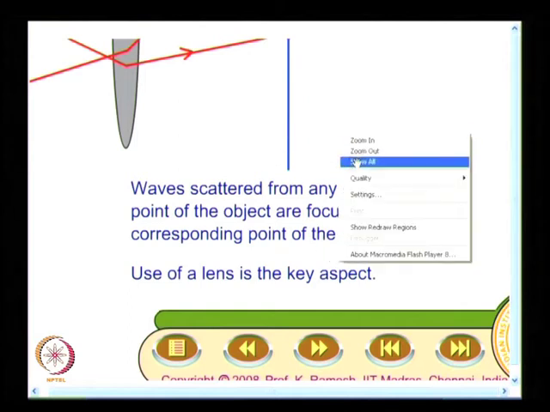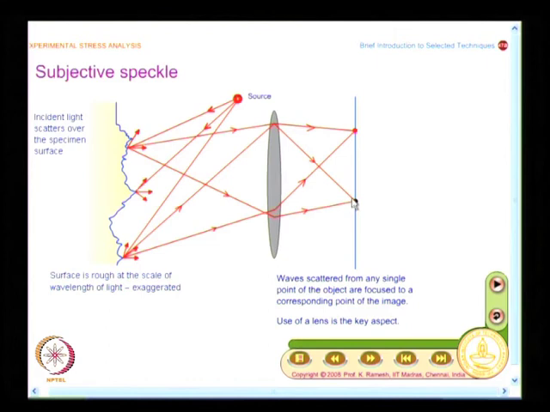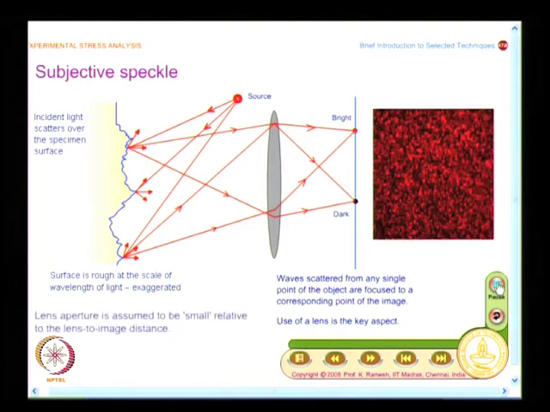And let us see, now what I will say is, I said that objective speckle was difficult to observe and subjective speckle is nice to see, and if I have a film, I will have the speckle beautifully formed here because I have a lens, and we have already seen that it is temporally constant.